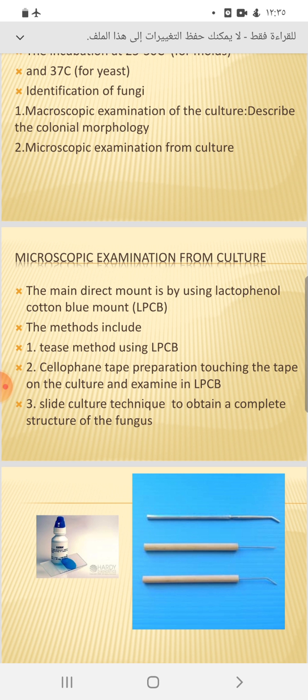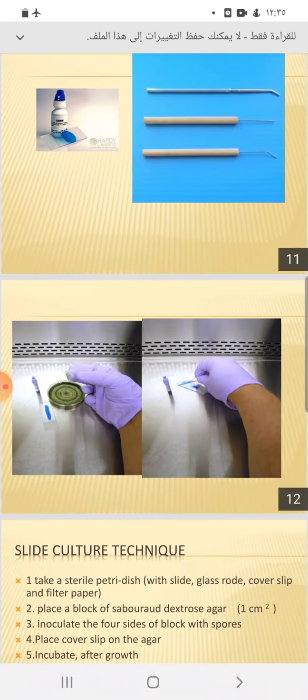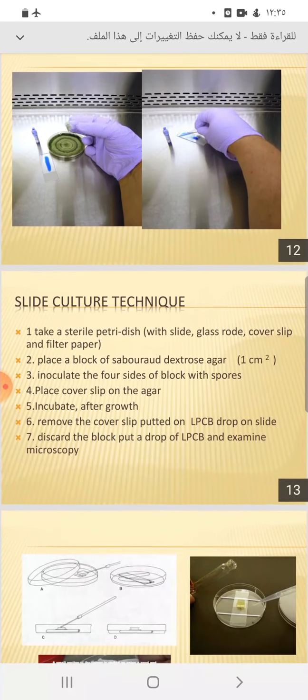This cellophane tape is put directly on the surface of the culture medium, and this tape is put on the slide over a drop of lactophenol cotton blue for examination. The third method is the slide culture technique, which we are going to discuss now, the slide culture method for preparing a slide from a culture medium.